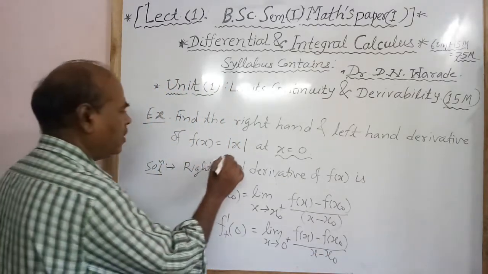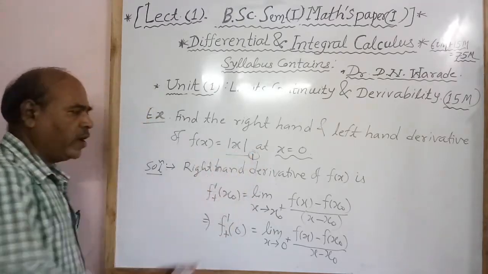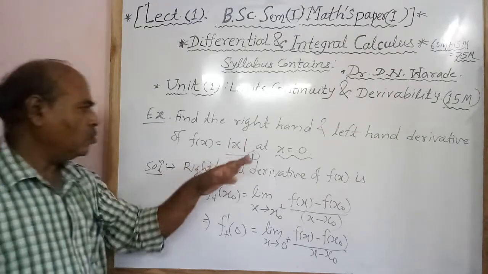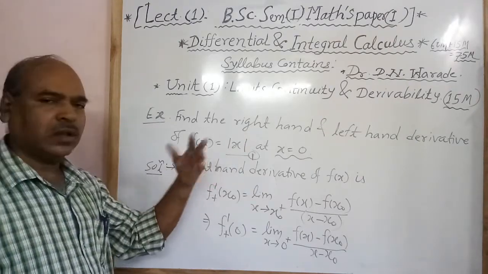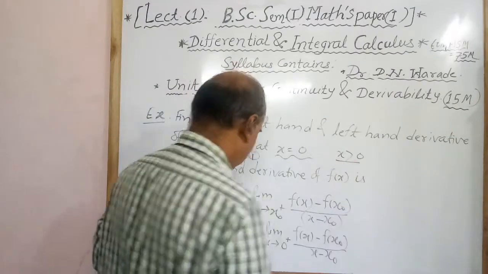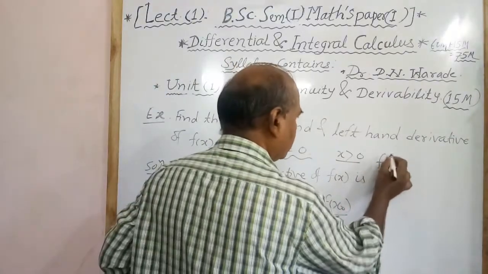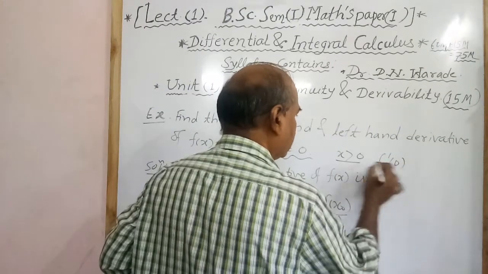Now we see the definition of the given function. Equation 1: f of x equal to mod x. You know mod x for the greater values. If x is greater than 0, it means the right hand derivative f dash of 0 plus.